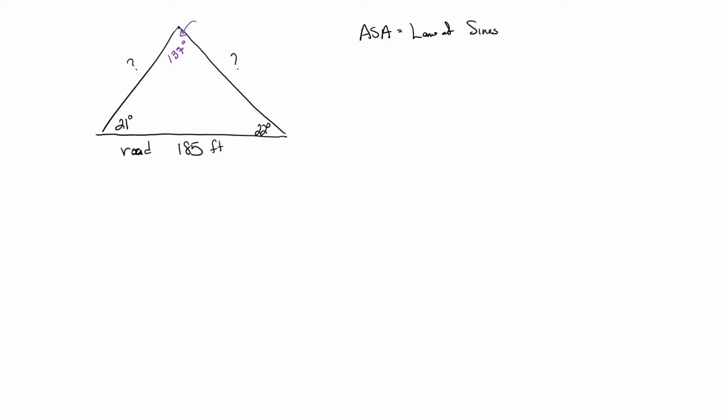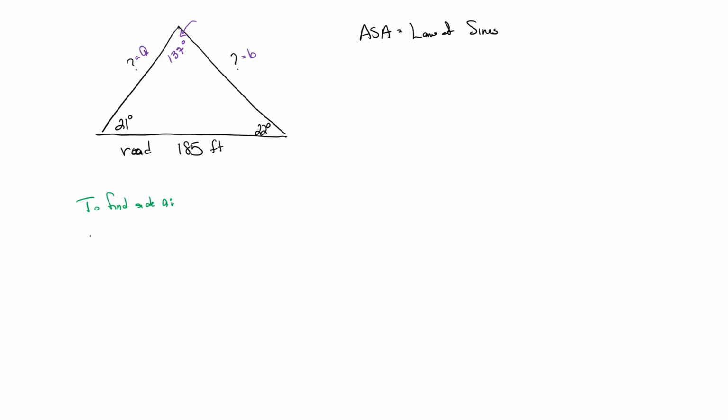Now, these other two sides, I'm just going to call one of them A, and I'm just going to call the other one B. Why? I just need a variable to talk about just to make life a little bit easier. Okay, so to find side A, we have the law of sines we're dealing with.